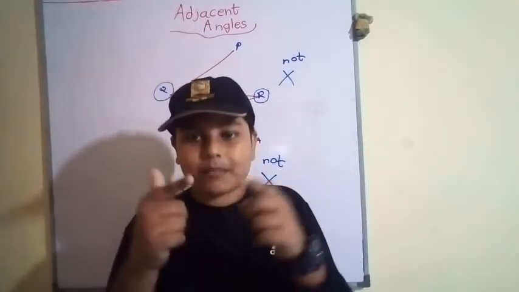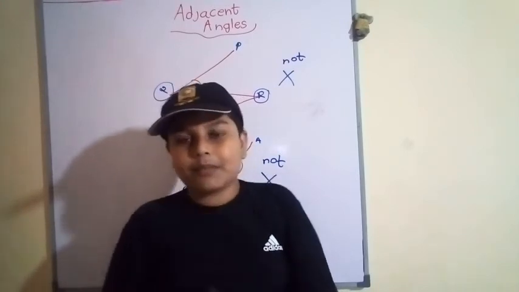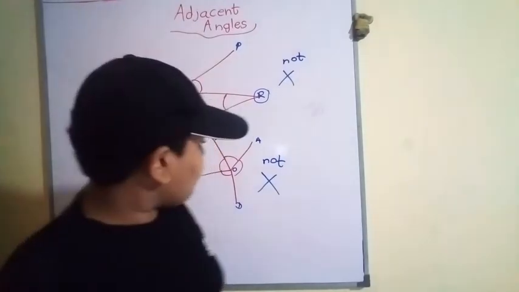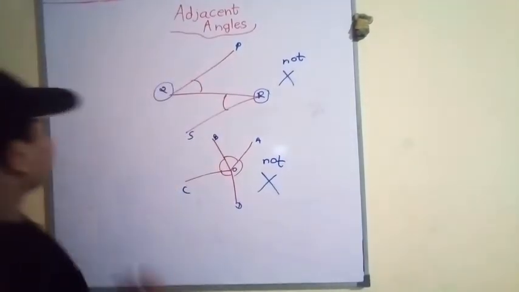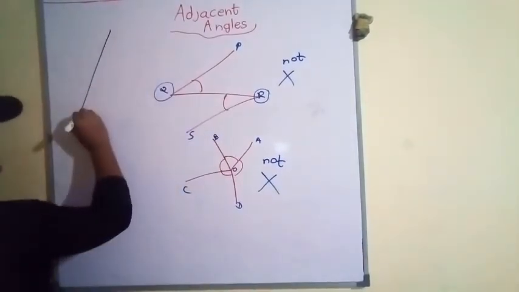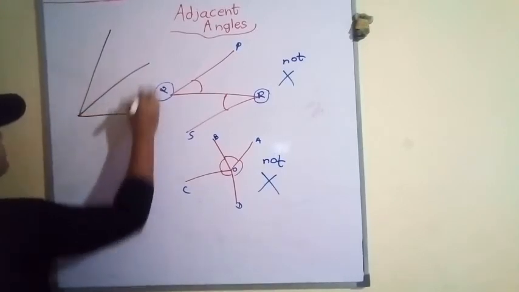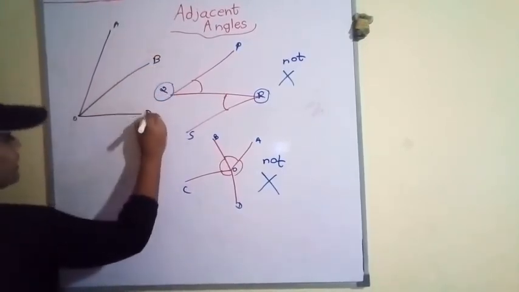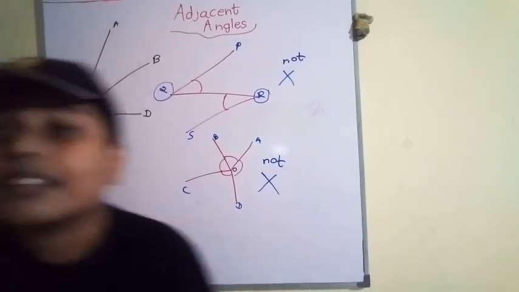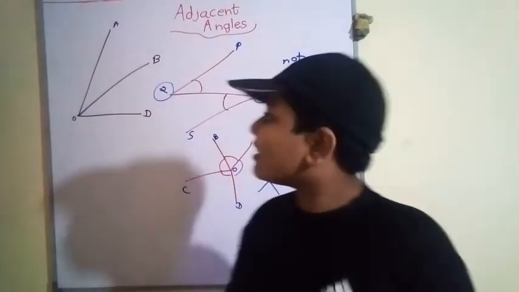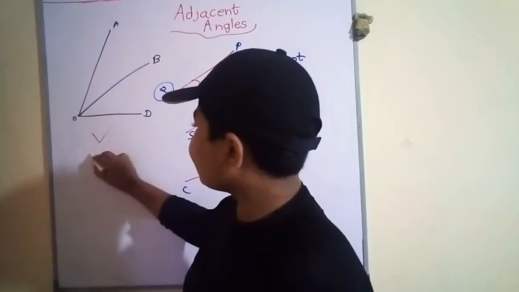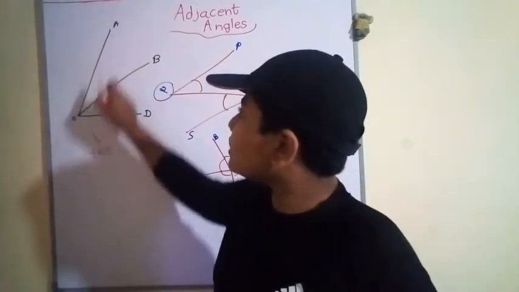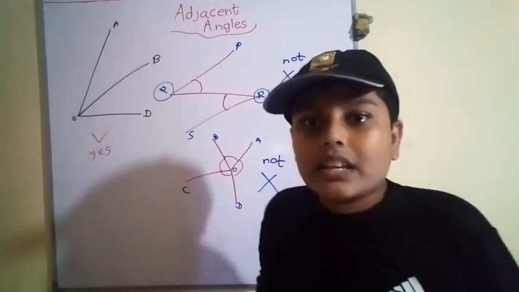You want to keep that in mind, adjacent angle, right? Now I give the next figure like this. I name it as A, O, B, D. Yes, that is an adjacent angle because of BO.